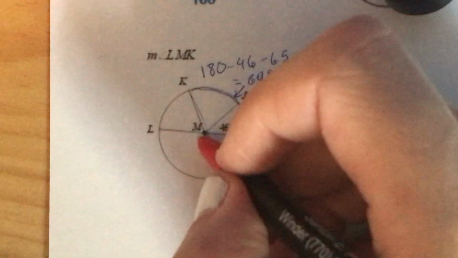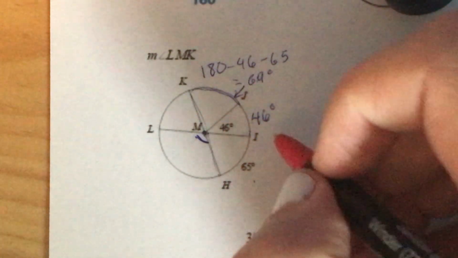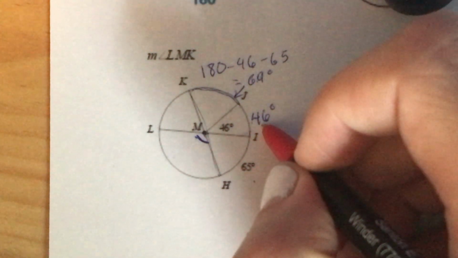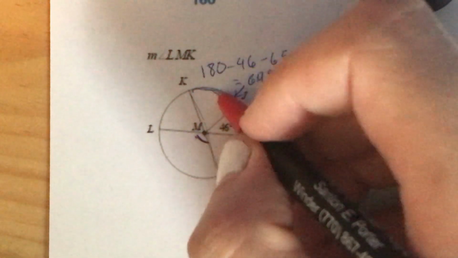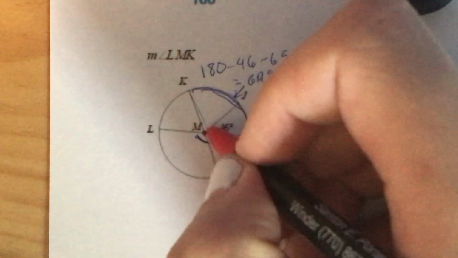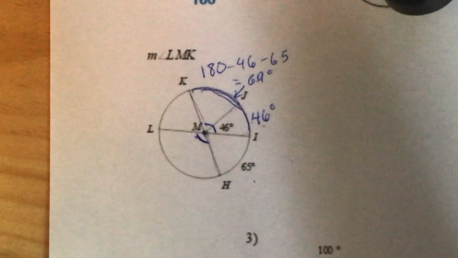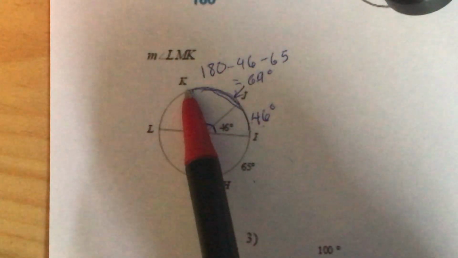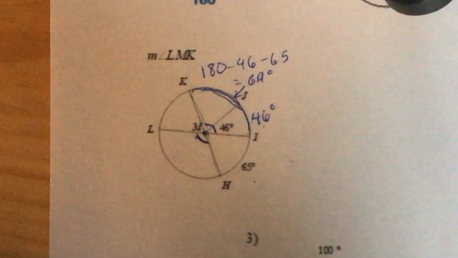So we know this part's 69, but it's asking for angle LMK. So it's asking for this angle right here. Okay, so if I know this is 69 and this is 46, what I can do is I can add these two and it'll give me this whole arc. Okay, and we know that these two sides are vertical angles, right? So I can add these two and it'll give me what this angle is going to be.